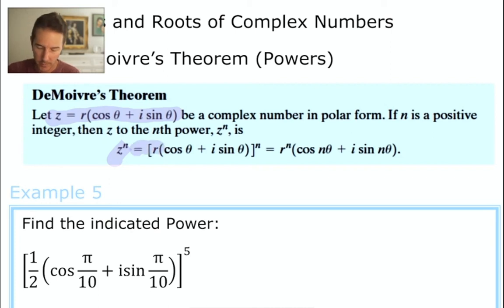So if you follow me over here to the right, you're seeing r to the nth power. In the previous video, we also said that when we're multiplying complex numbers, you have to add the theta values. Well, here, this complex number is being raised to the nth power, which means we have to add that theta value to itself n times. So theta plus theta plus theta, n times.